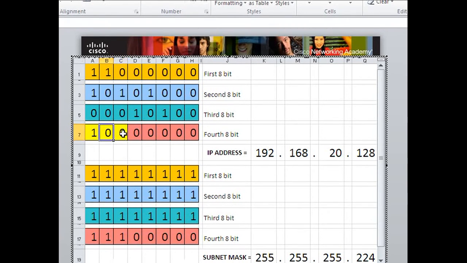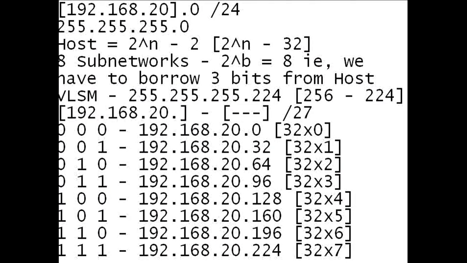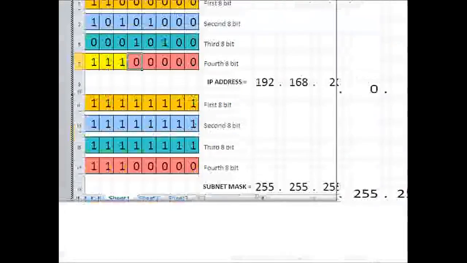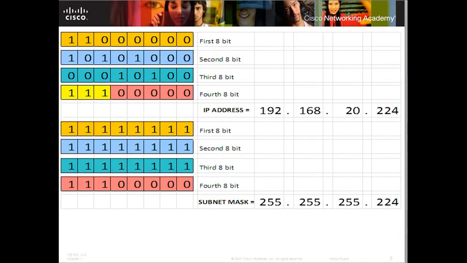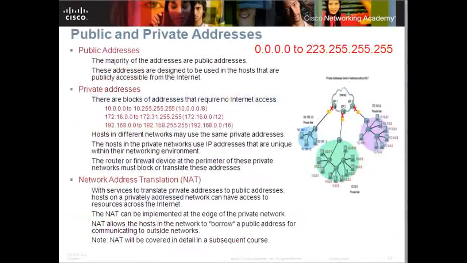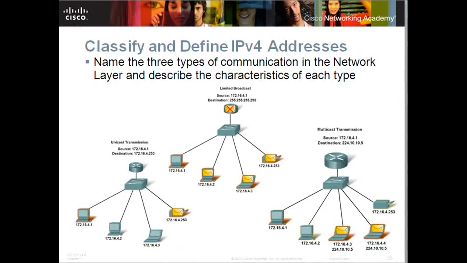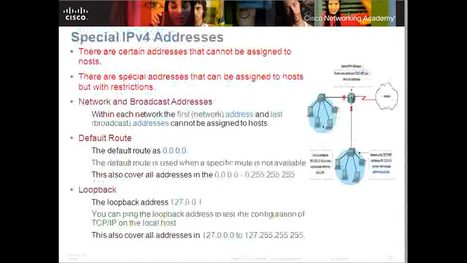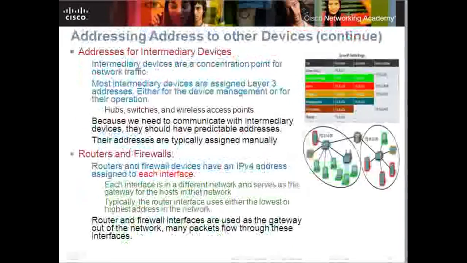Now coming back to the previous slide, where I was calculating the subnetworks. In this particular slide, you can see I got all the subnetworks and all will be /27.